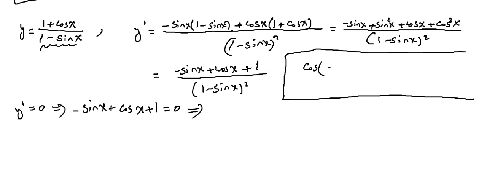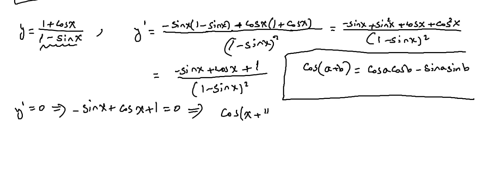It's cosine A plus B. Cosine A plus B simply equals cosine A cosine B minus sine A sine B. We use this here, but we have to choose what is B. Cosine A plus B, it should be cosine x plus pi over 4. Why pi over 4? What is cosine pi over 4?